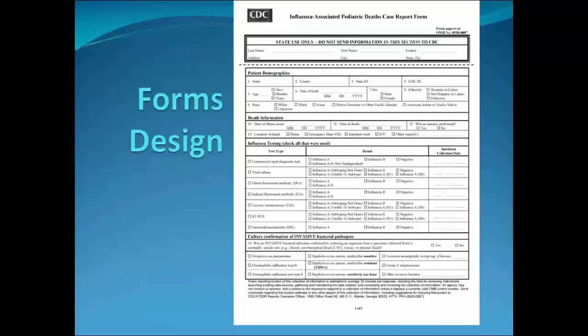We can help you design forms. Sometimes you don't have options if you're doing electronic medical research, but again, you may need to augment what's in the EMR in order to get all the information you need for your study.